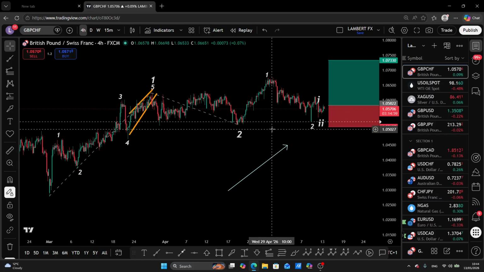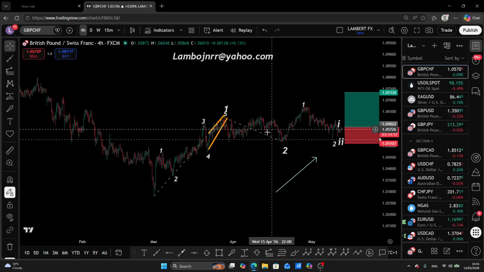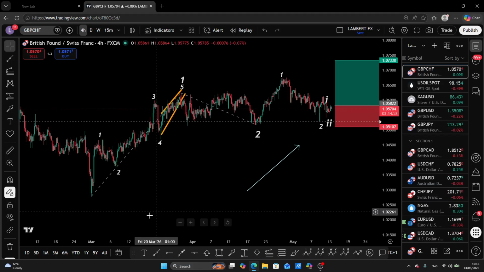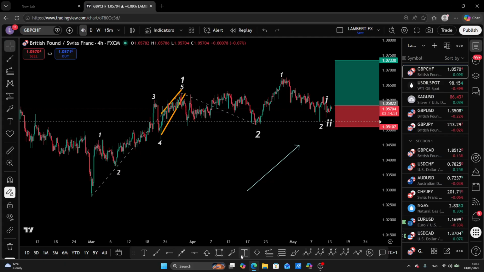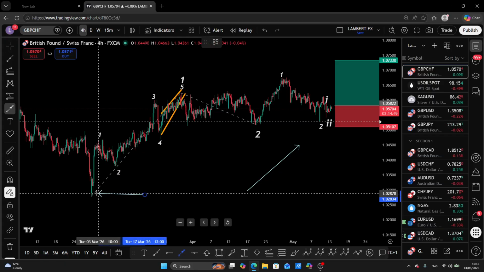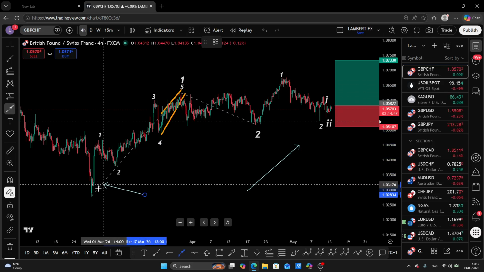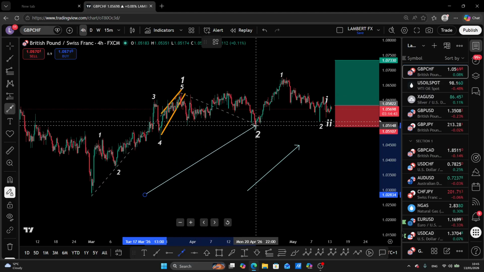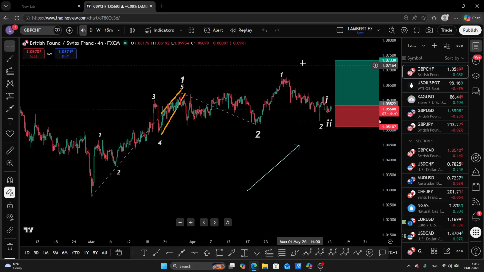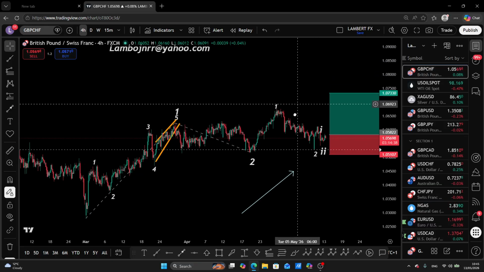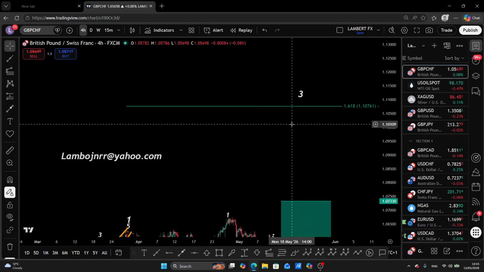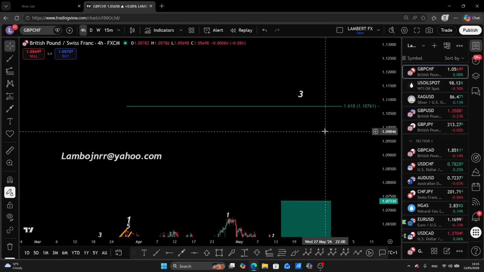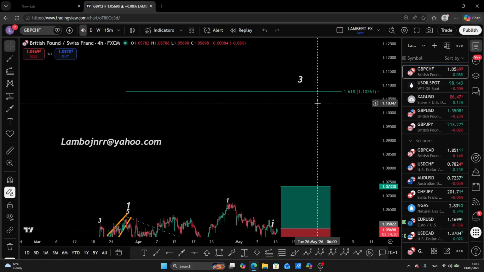Again, to know where the profit will end, you take your fib extension, you measure from the origin of 1, the start of 1, which is this low, to where 1 completed, to 2, and then you extend it, and then your 3 should be right at this price, 1.10761. So that is where we expect to get our 3.